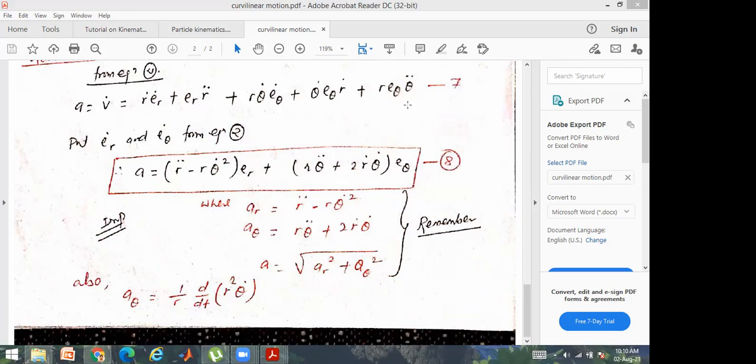Similarly v can be expressed as v_r e_r plus v_theta e_theta.